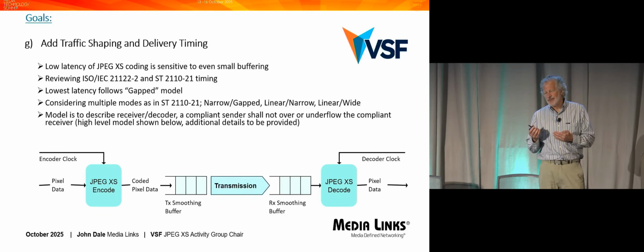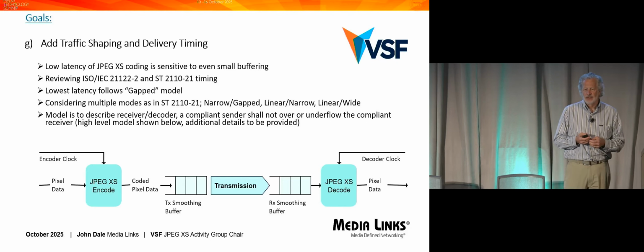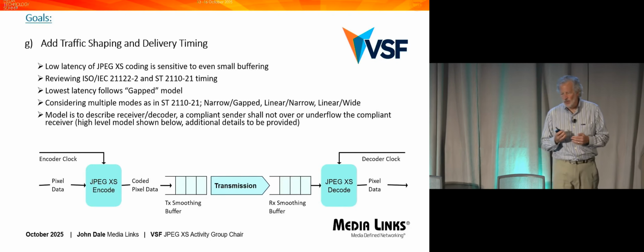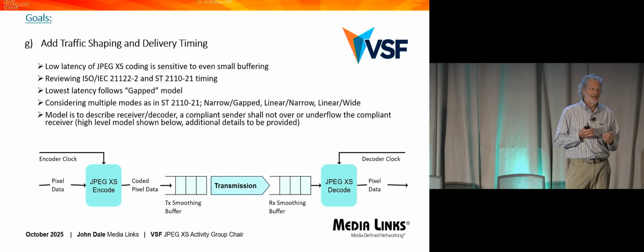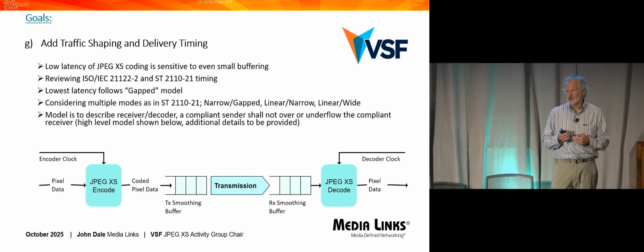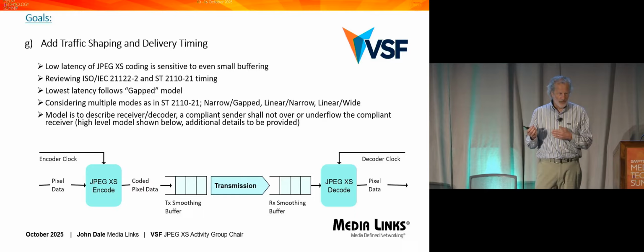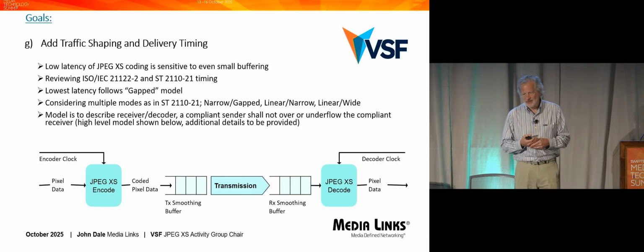And we found, especially with the latest round of interop testing, that there was quite a bit of variation in how implementers were doing this. And not all receivers could receive all transmitted streams, mainly because of some of the timing variation.